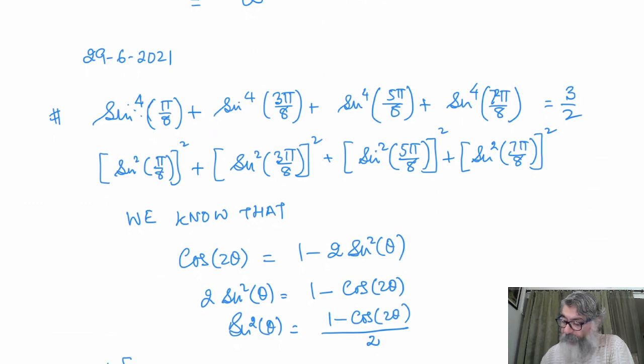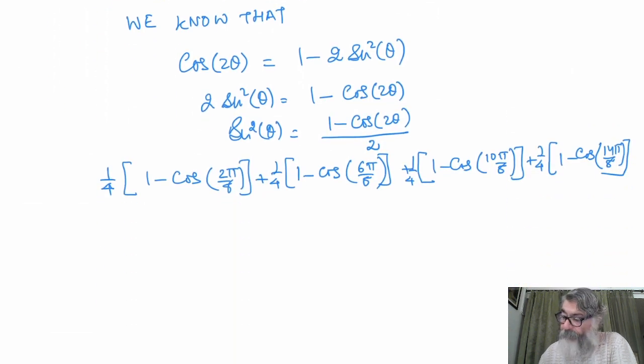And it will become 1 by 4, 1 minus cos 2 of 2 pi by 8, plus 1 by 4, 1 minus cos 6 pi by 8 multiplied by 2, plus 1 by 4, 1 minus cos 10 pi by 8, plus 1 by 4, 1 minus cos 14 pi by 8. What will happen here? 1 by 4 is everywhere.